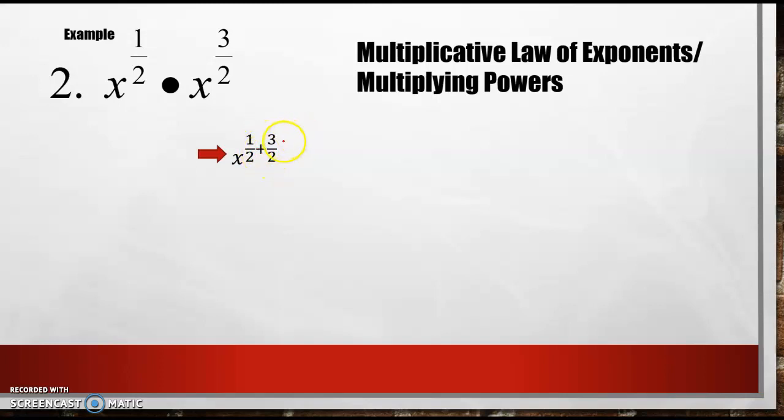When you add or subtract similar fractions, you only copy the denominator, do not combine them. Copy the common denominator, which is 2, and then you add the numerators. So 1 plus 3 over 2. Hence we have x to the power of 4 over 2. And if we simplify it, we'll have x squared, right?